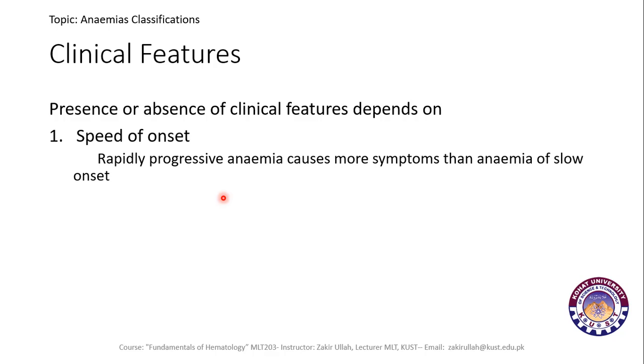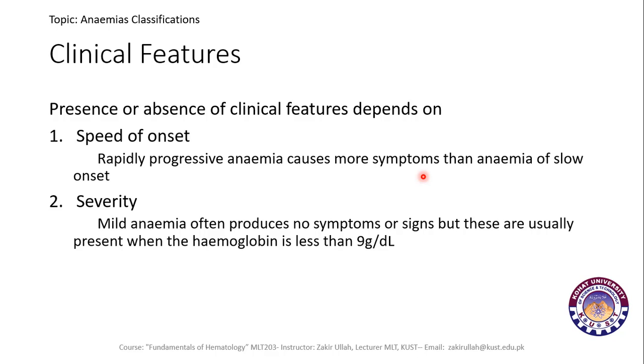In cases where the anemia is rapidly progressive, these fast progressive anemias cause more symptoms than the anemia which has slow onset or is less progressive. So when the speed of onset increases, the signs and symptoms will be more, and where there is a slow speed, there will be fewer signs and symptoms of the anemia.